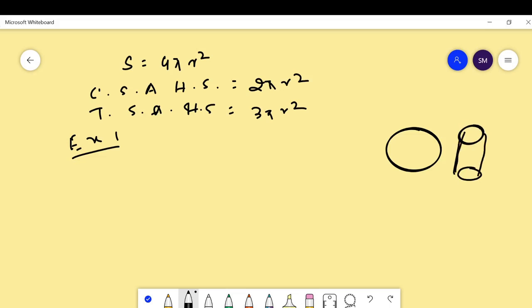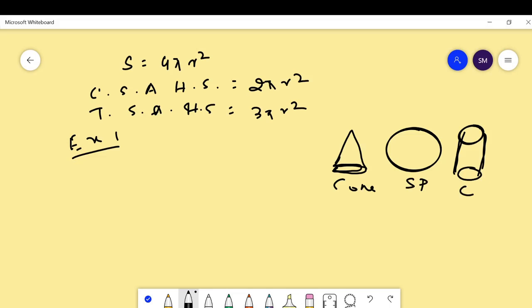and I have already told you students, don't go with my diagrams. I am not perfect in diagrams. Here the question says a sphere, a cylinder and a cone are of the same radius and same height. This means this is a cone, this is a sphere and this is a cylinder.